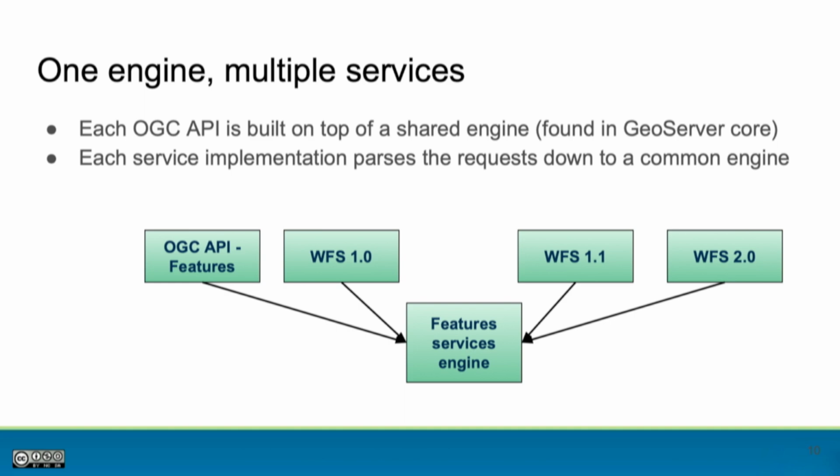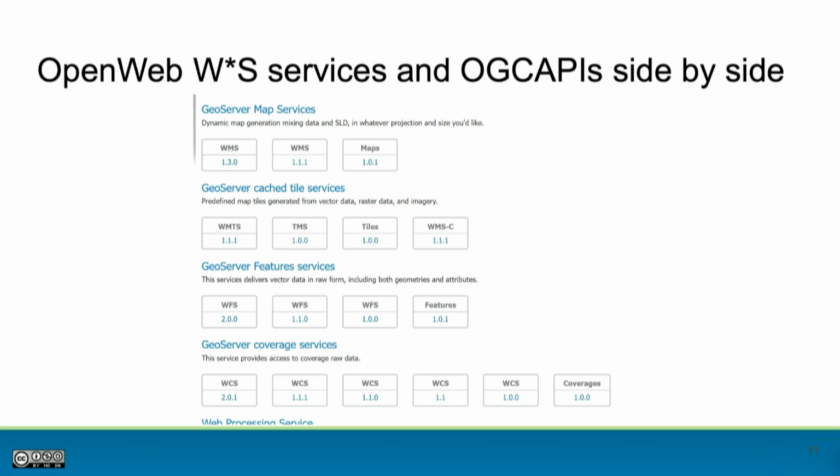We're going to be refactoring the application a little bit for GeoServer 3, but just to let you know, for our implementation, we're considering OGC API features as one of the protocols that GeoServer supports. So here's what that looks like on the home page. You can see for the GeoServer feature services, you can see them all listed together on the same row.